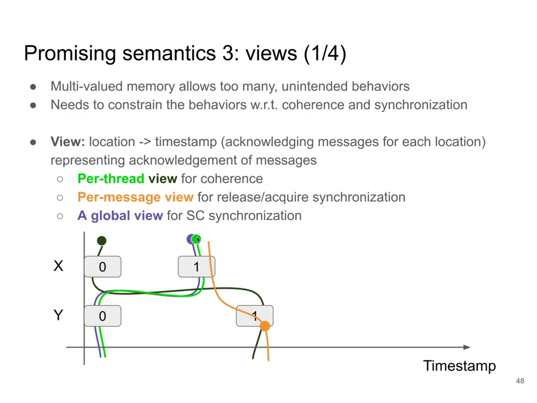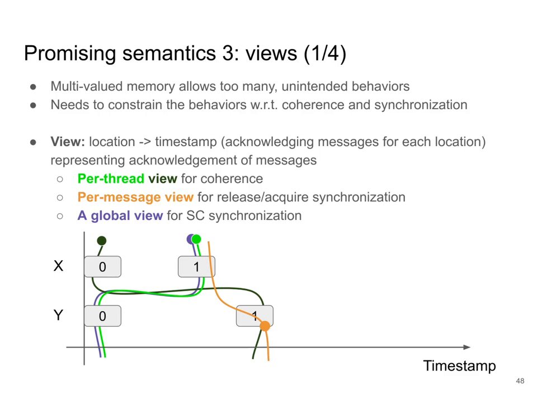So this left thread's view is pointing to this message, that is value 1 for location X, and value 0 for Y. That means that the thread has acknowledged this message and this message. As a result, all the future accesses to the locations X and Y should somehow be constrained by the knowledge.